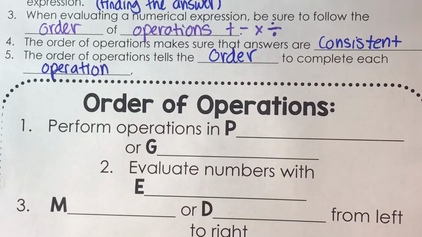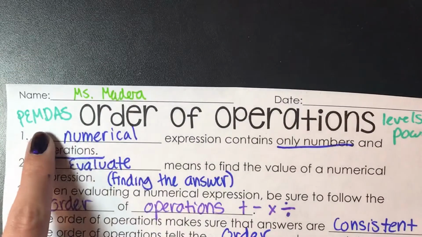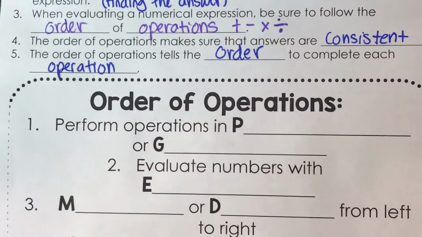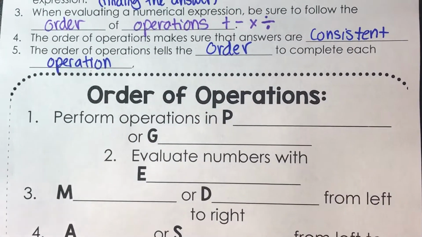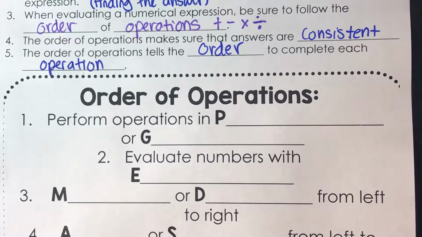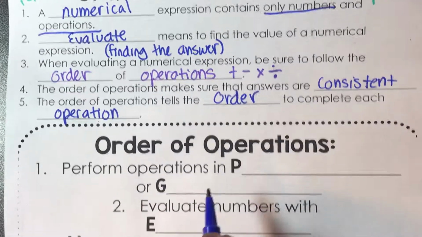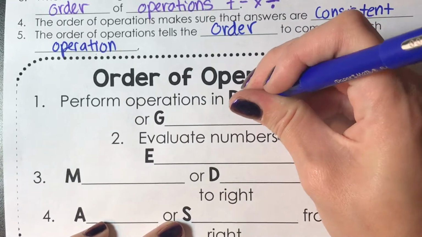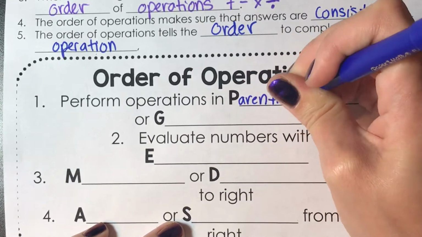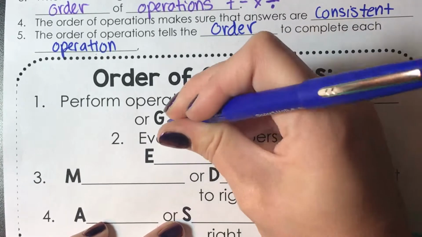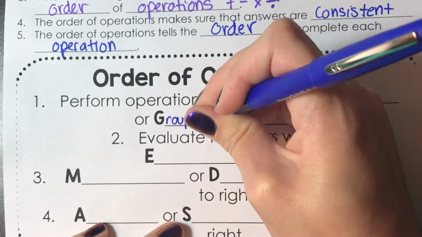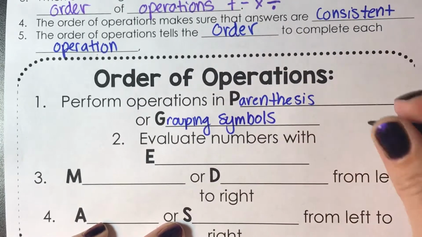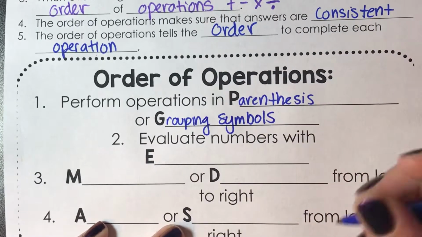Now, some people in the past have not liked the phrase PEMDAS because not all grouping symbols start with a P, but it is something that I learned when I was younger, and it is just a standard practice and a common way to describe the order of operations. So you perform operations in parentheses or grouping symbols first.